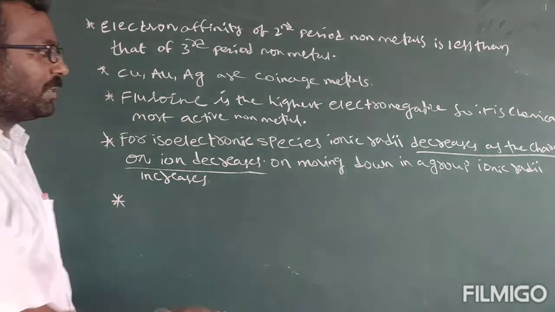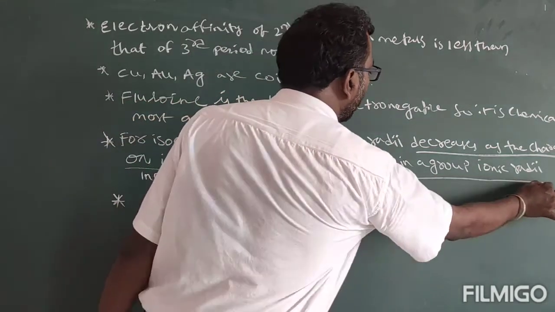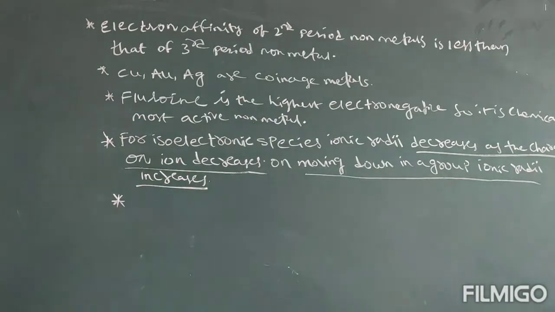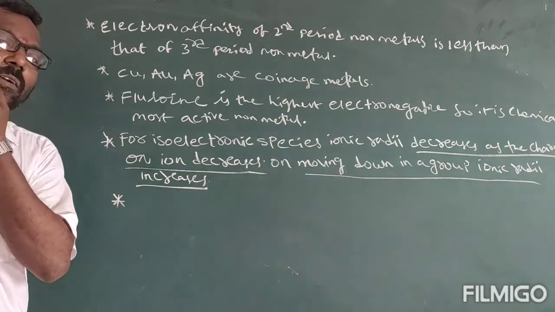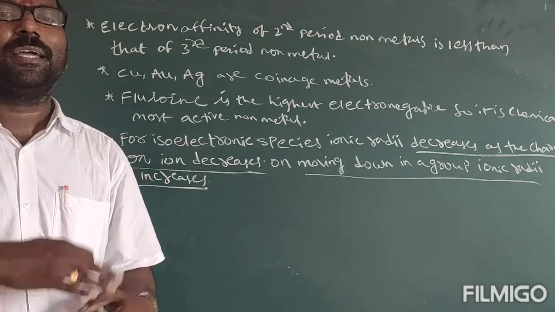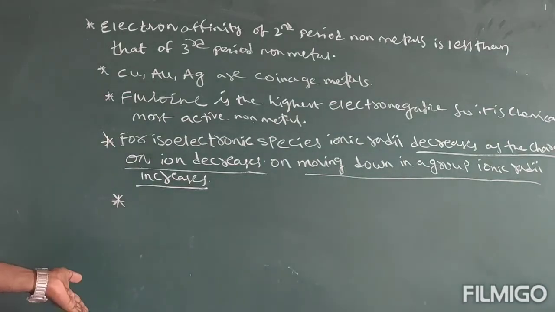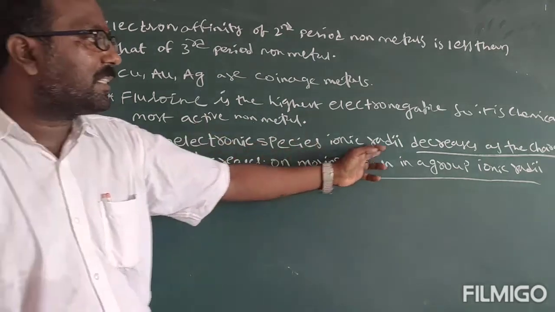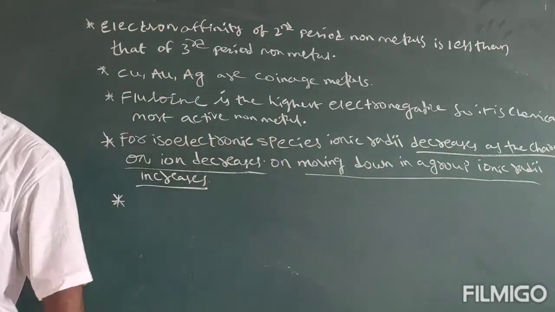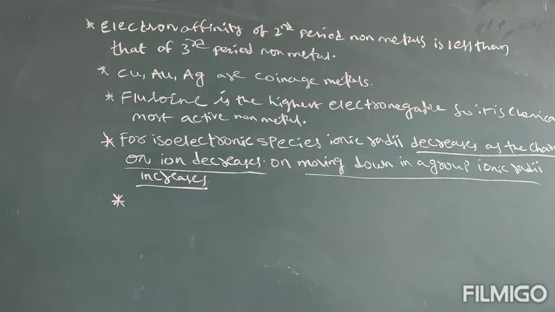And further, on moving down in a group, ionic radius increases. If you take group-wise elements, the ionic radius will increase. But in case of isoelectronic species, it decreases as the charge of the ion decreases. That is the major point.